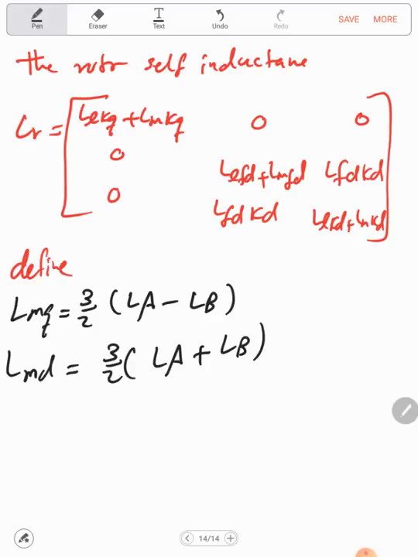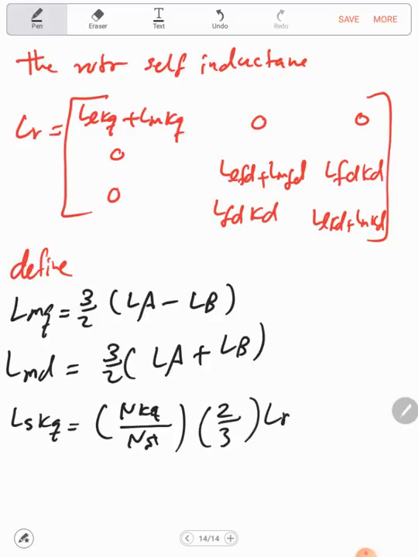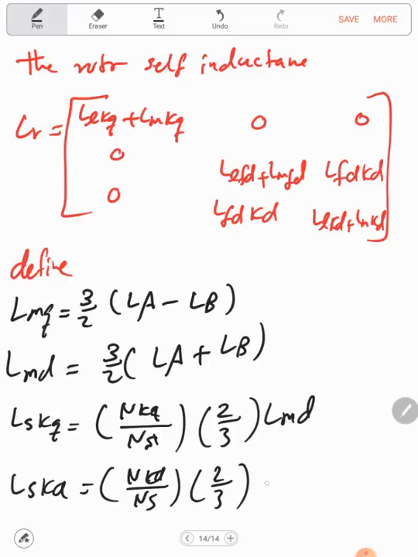And also we can define LSKQ equal to NKQ over NS, the ratio of the turns of the damper winding of the K over the stator equivalent turns, multiplied by 2 over 3 LMD. LSKD will equal NKD over NS, 2 over 3 LMD, and so on.